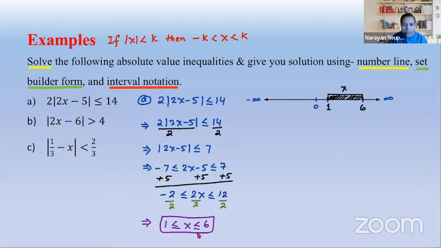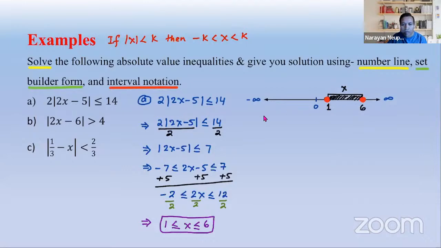The meaning of this equal to sign is that negative 1 is included and also 6 is included. So if the numbers are included, we put a dot there to represent that these two numbers are also included.